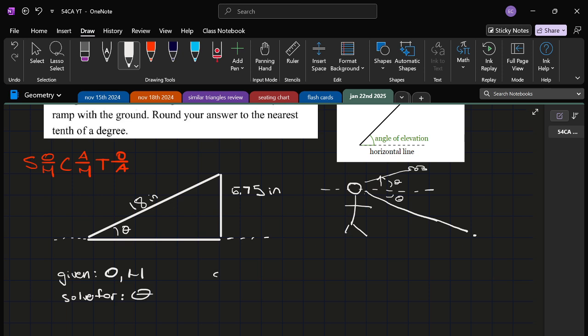So sine of theta is equal to 5.75 over 18. And remember, with sine you're inputting an angle and getting a ratio, so we have to do the inverse of sine.